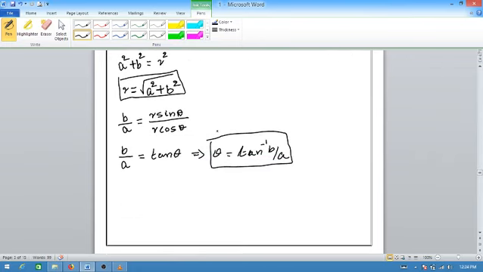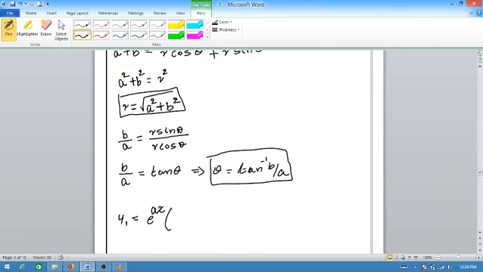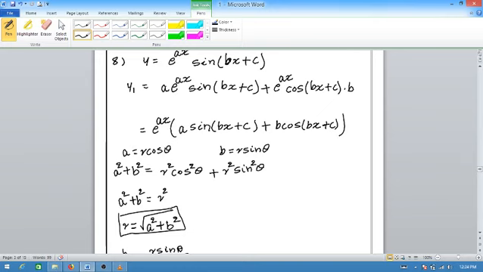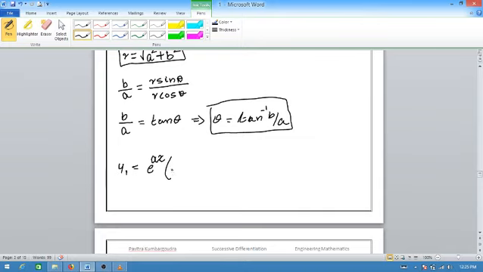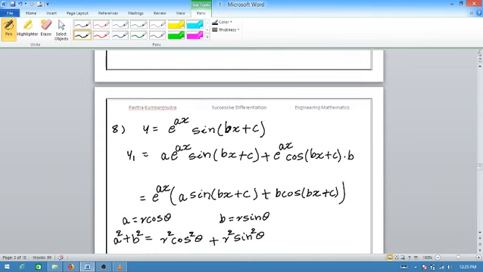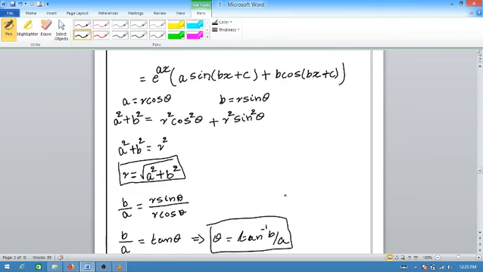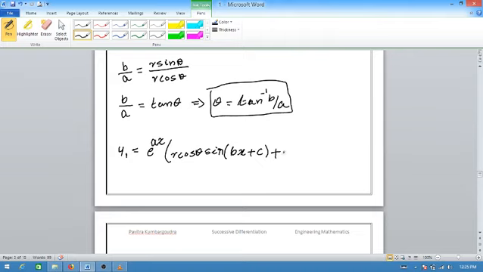The equation becomes y1 is equal to e to the power of ax as it is, into a sin(bx plus c) plus b cos(bx plus c). a is r cos theta, b is r sin theta. Okay, so this is the y1.